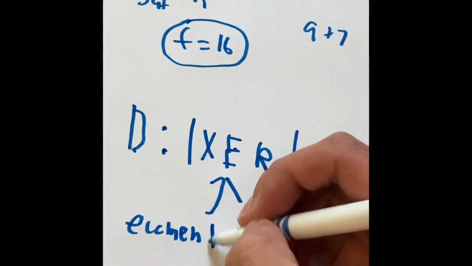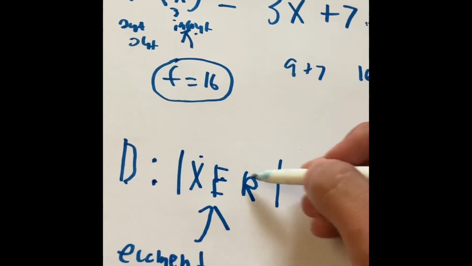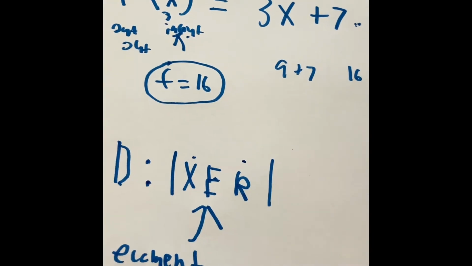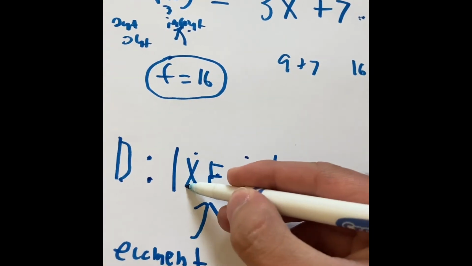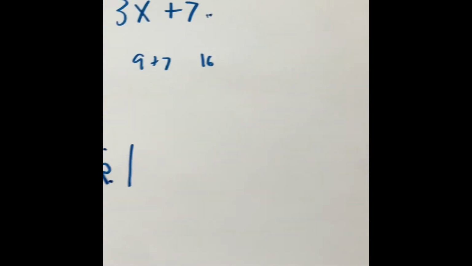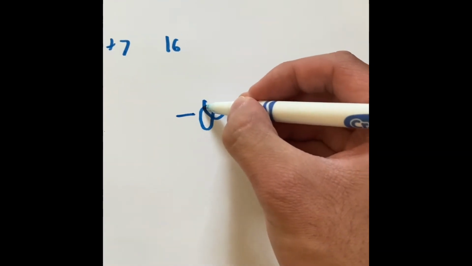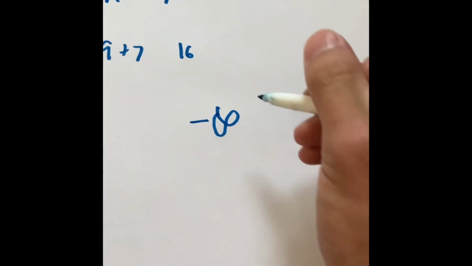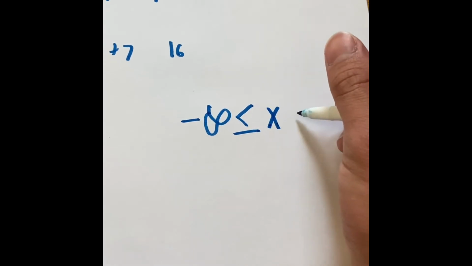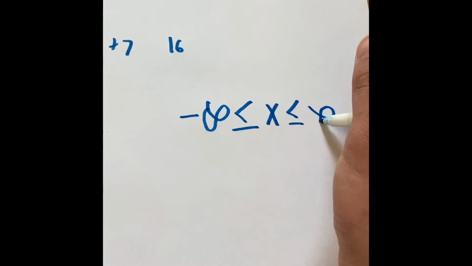That tells us that x can be inserted into this equation for any real number. Any real number can mean pretty much anything. So x is going to be an element of all real numbers. Or if you want it as an inequality, negative infinity is going to be less than or equal to x, and x is less than or equal to infinity.